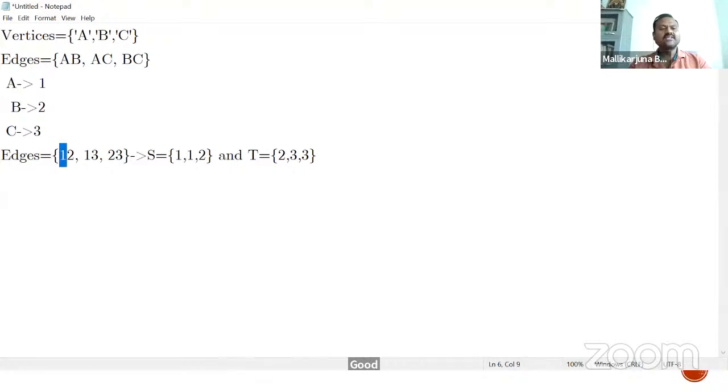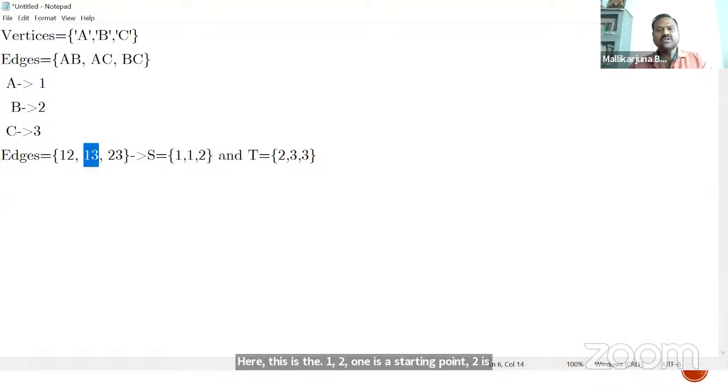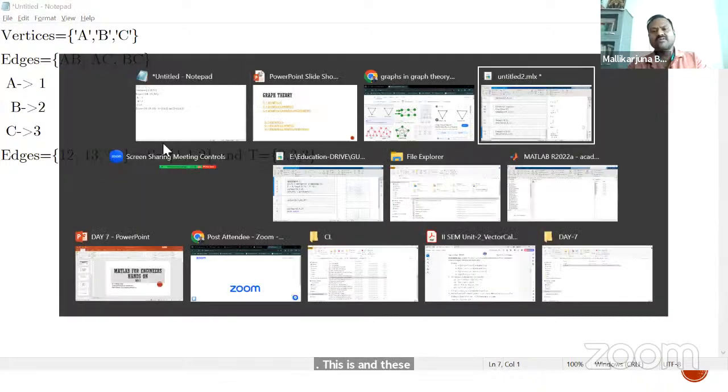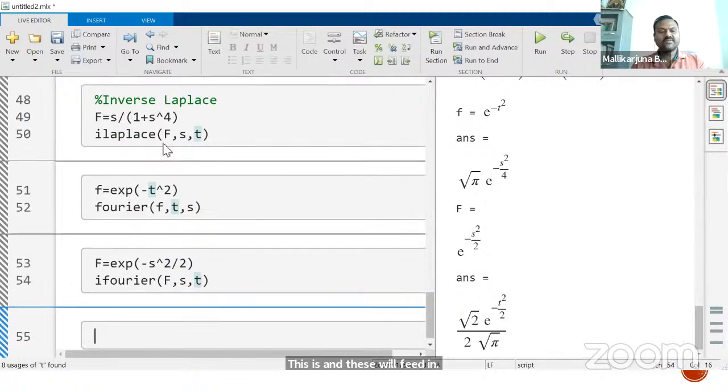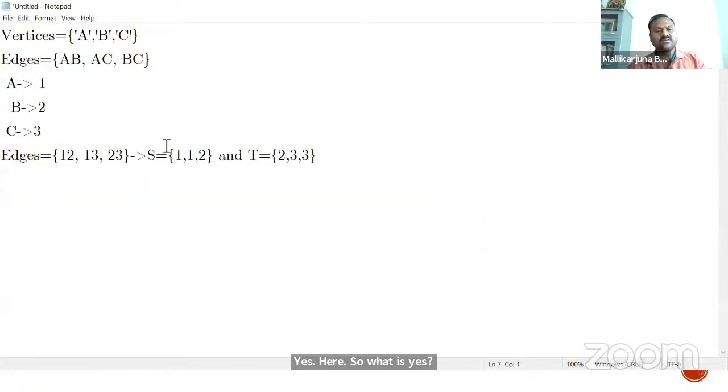Here, for the edge 1, 2, 1 is the starting point and 2 is the ending point. For 1, 3, 1 is the starting point and 3 the ending point. For 2, 3, 2 is the starting point and 3 the ending point. These we feed in as vectors: S is equal to 1, 1, 2.